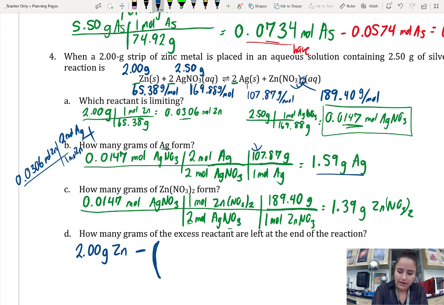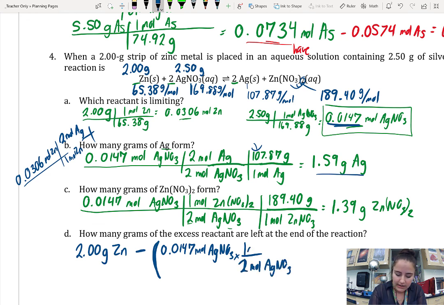So I know that I have 0.0147 moles of the silver nitrate, and then for every 2 moles of silver nitrate, I need 1 mole of zinc. That would give me my moles of zinc, but I need to subtract it from the grams.